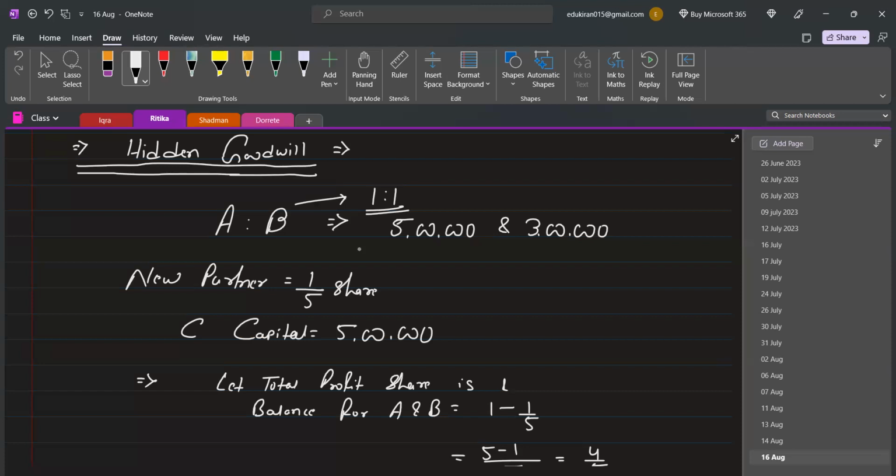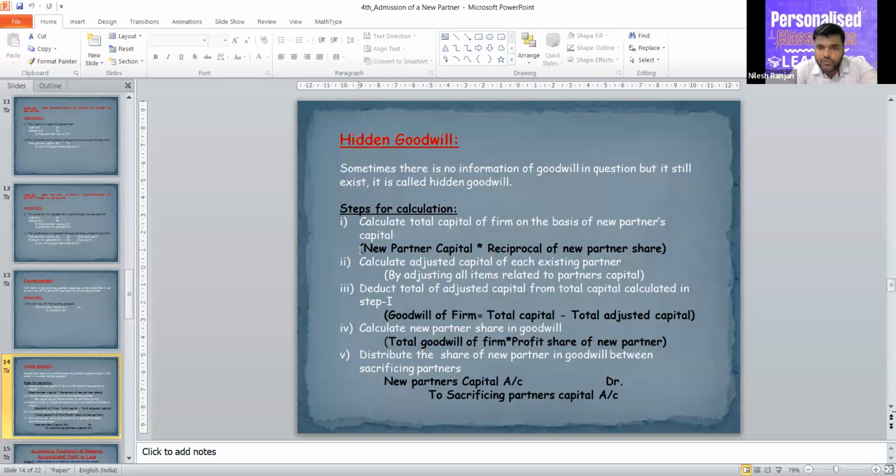The next part is deduct total of adjusted capital from total capital calculated in step 1. So we need proportionate capital from the first step, and we have to deduct the adjusted capital from that proportionate capital.